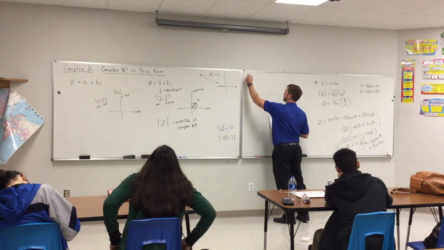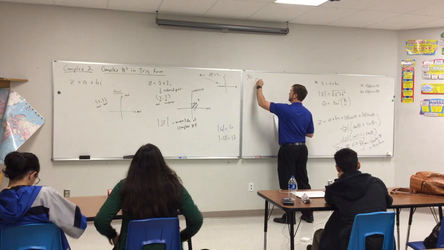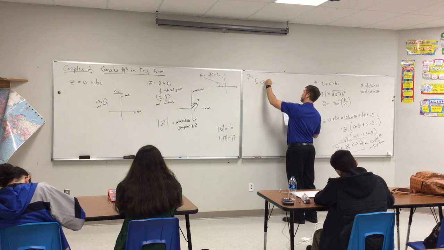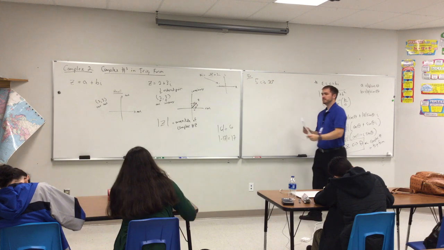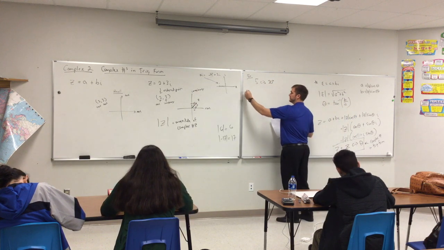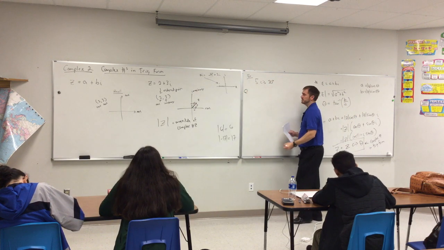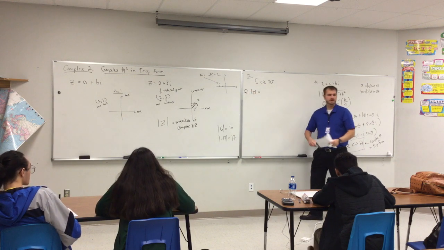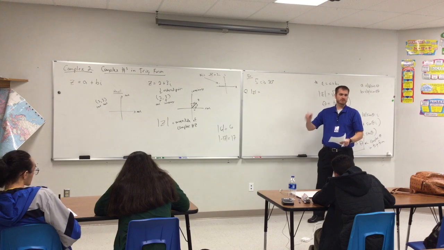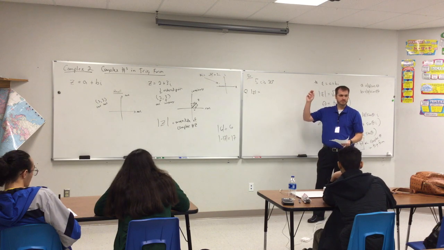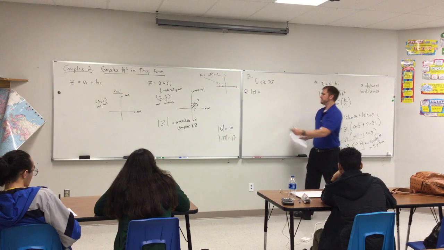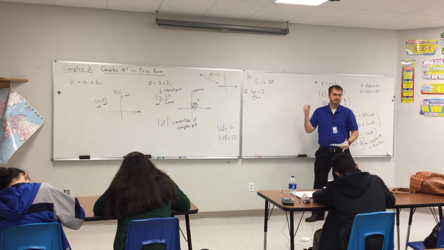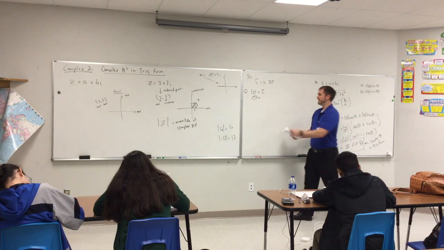So here's an example. 5 cis 20 degrees. Question. What's the magnitude? 5, that's right, okay. What's the angle? 20 degrees, okay, there we go.